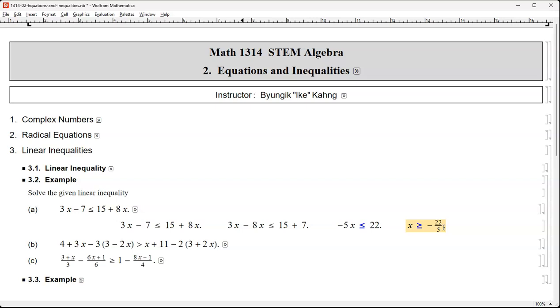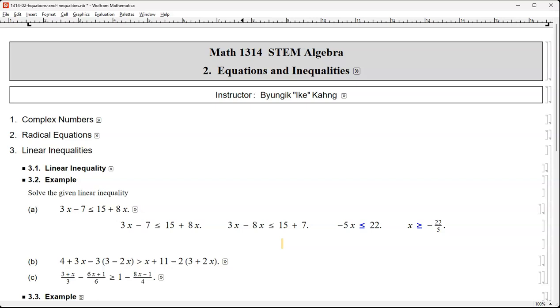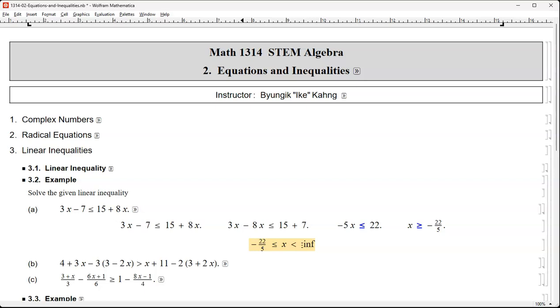Interval expression has smaller number to the left, larger number to the right. So we have to rewrite it like this. Negative 22 over 5 less than or equal to x, and then less than infinity, so that we have negative 22 over 5, comma, infinity, and nothing is equal to infinity, so this one is closed with an open parenthesis.